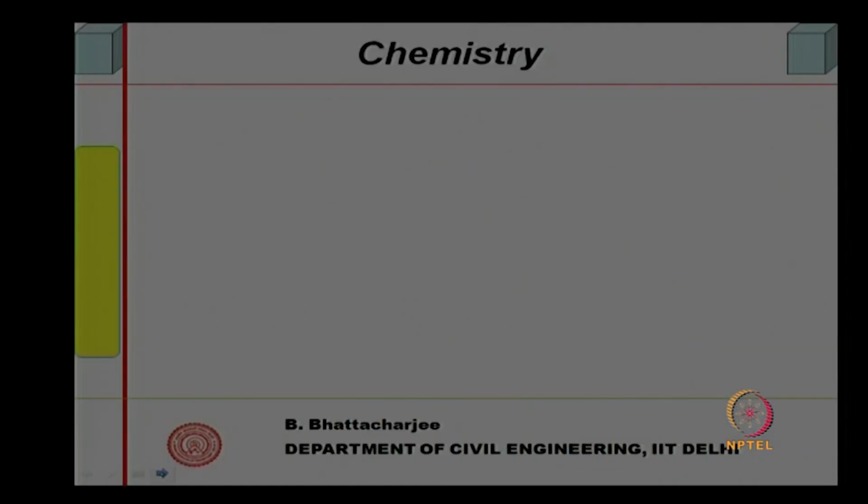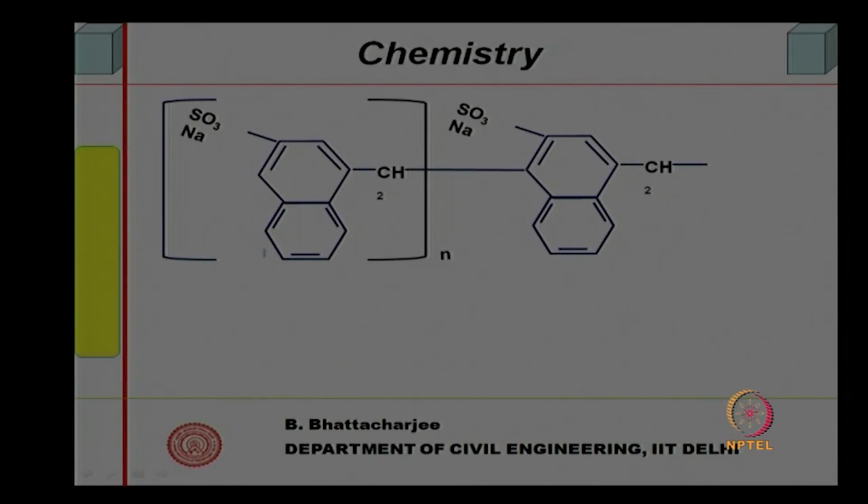That is the idea. Let us see the chemical structure of it. This is the naphthalene structure, and this is the sulfonated SO3 and the sodium with it, and then this is polymerized, n number of them will repeat.